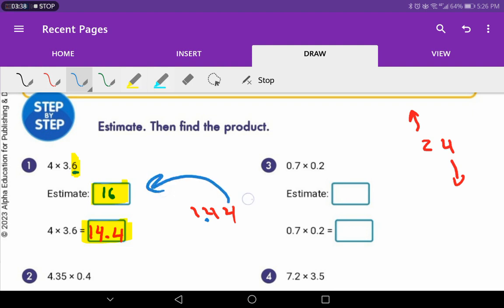So you have to revise your work. If you set it here at the end, it is 144 and it is far away from the estimation. So you have to revise your work again. So this is the answer for question number 1.